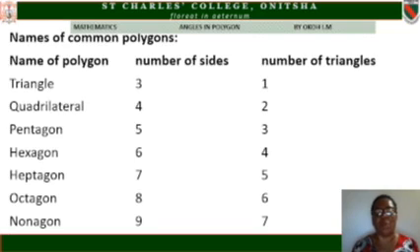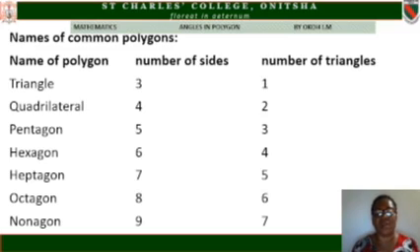Names of common polygons. Name of polygon, number of sides, number of triangles. First one, we have triangle. It has 3 sides and the number of triangles is 1. Quadrilateral, 4 sides, and number of triangles is 2. Pentagon, 5 sides and number of triangles is 3.